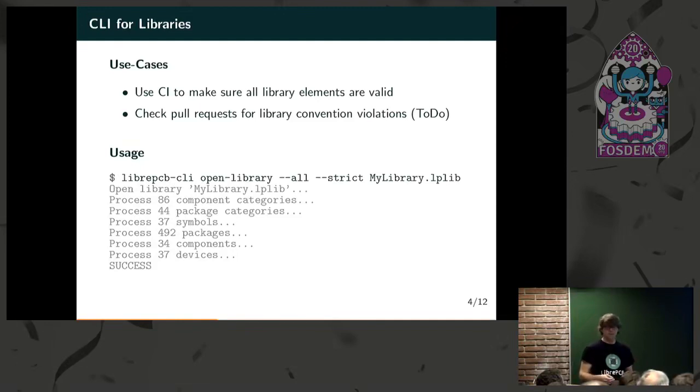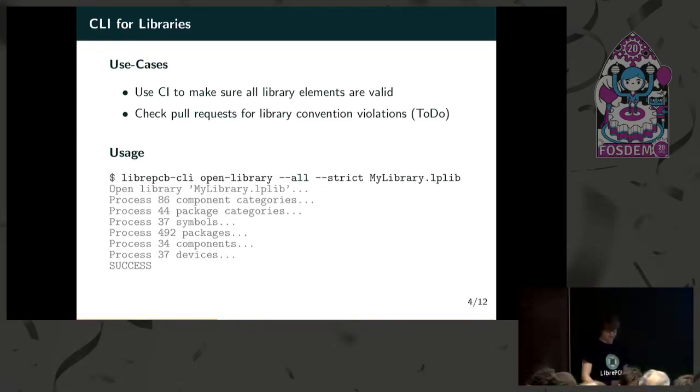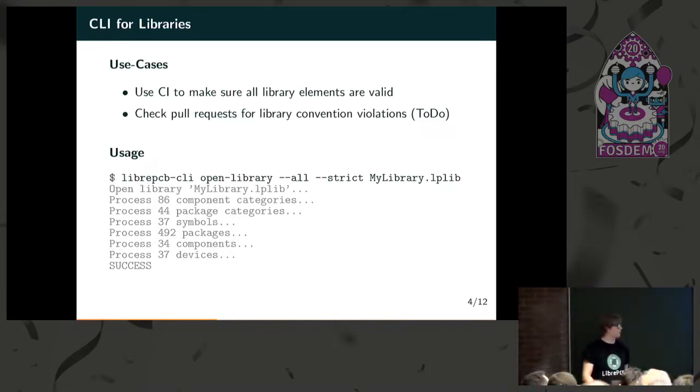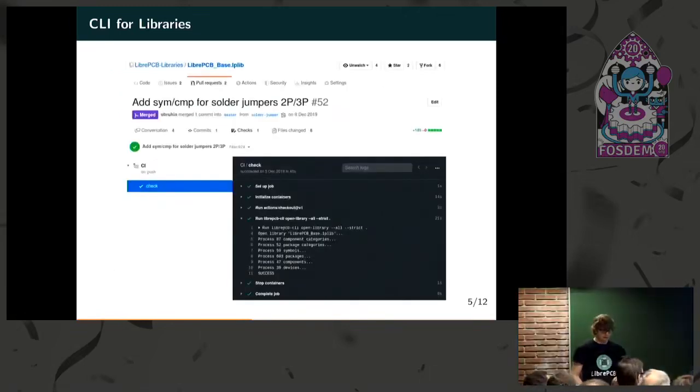But for PCB tools, for libraries or projects, probably almost nobody uses such tools, for example on GitHub, continuous integration. But what's needed to make this possible? We need a CLI, so you can run checks automatically on continuous integration. For example, we have a CLI which is able to check if libraries are valid, and more checks will be added in future.